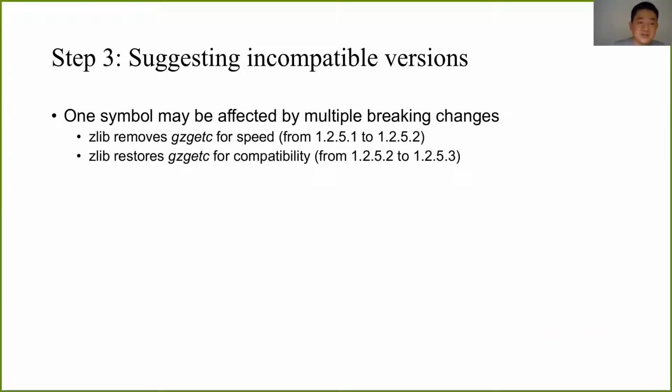One breaking change may affect multiple library versions, so DepOwl needs to suggest all incompatible versions. This is non-trivial, since one symbol may be affected by multiple changes. For example, zlib first removes a symbol for speed, then restores that symbol for compatibility.